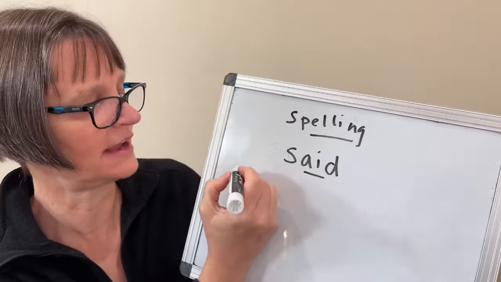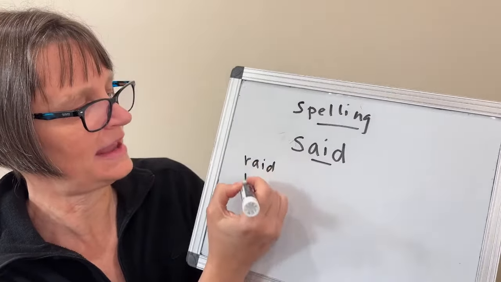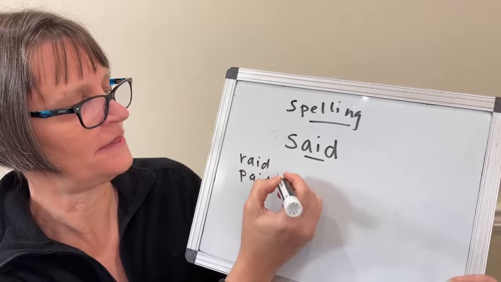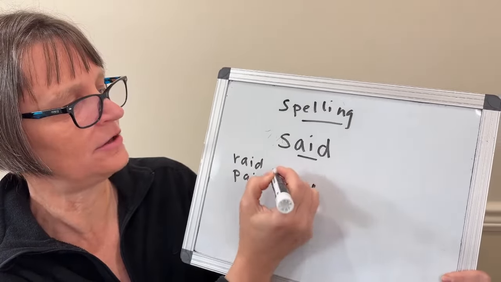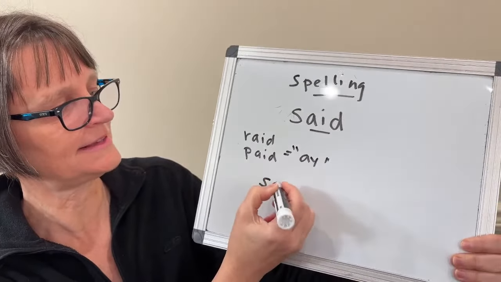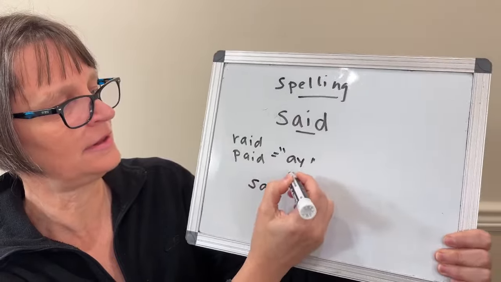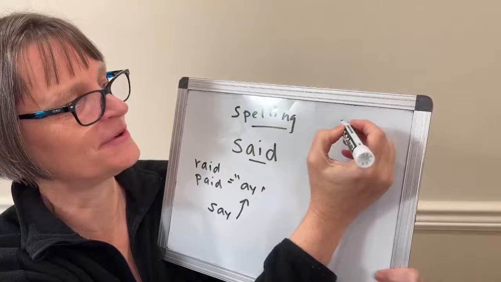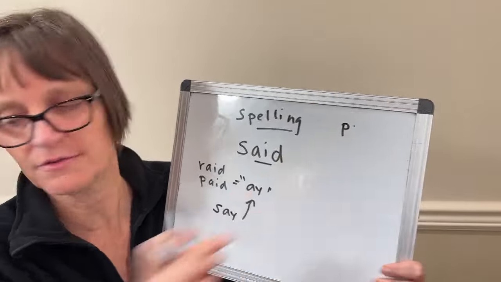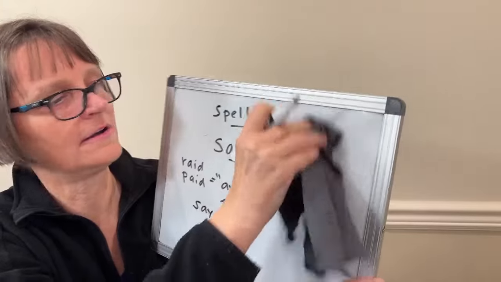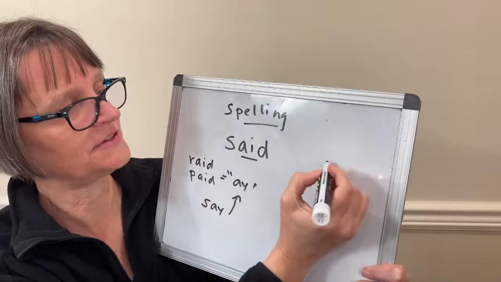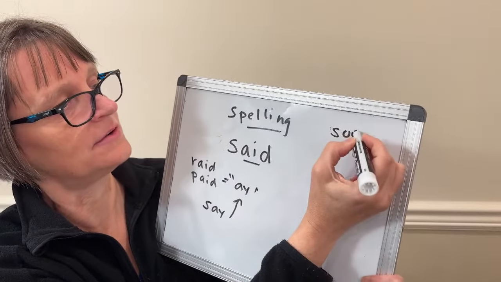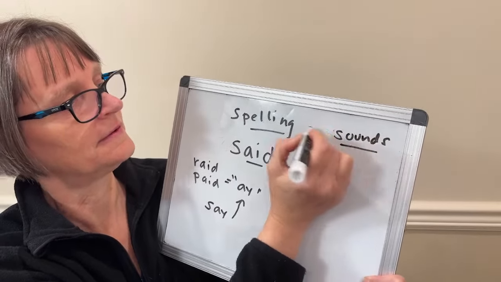We have words like raid, paid, etc., and those have the A vowel. We also have the word say, which has the A vowel, so why wouldn't it also be sade? It's not. The S does say this sound, so when we look at the sounds, they're not equal.